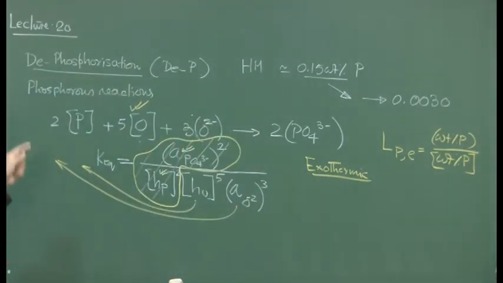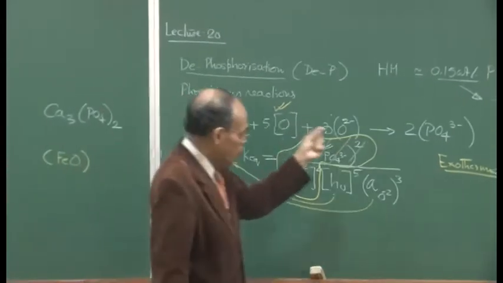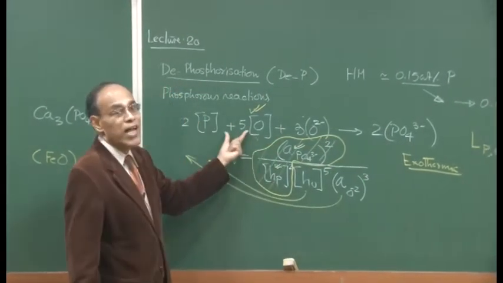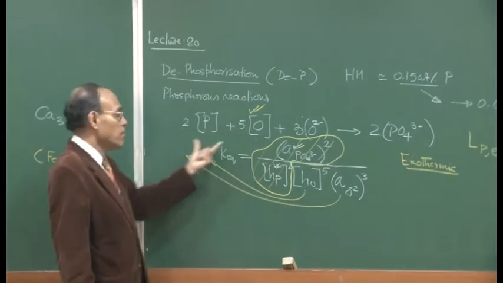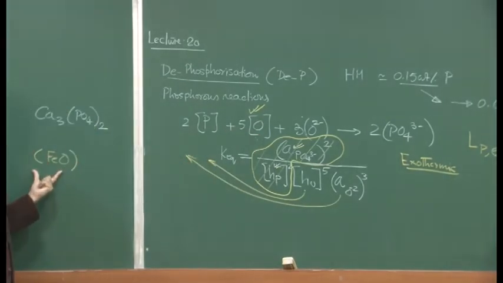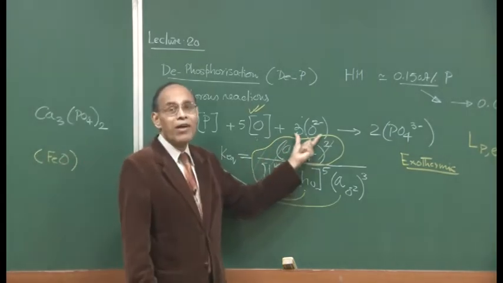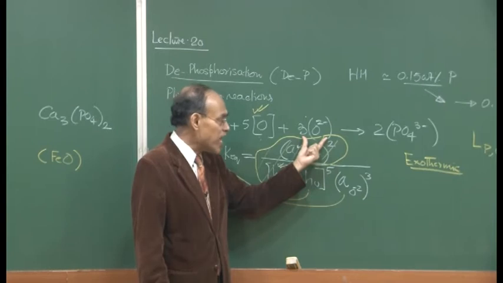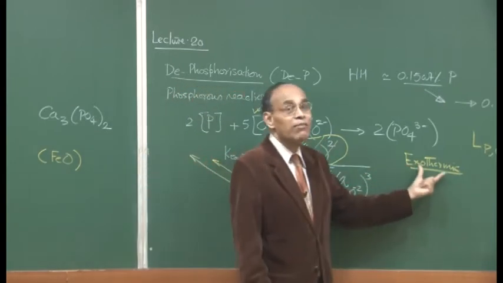So, what we find from this simple set of statements is that a higher phosphorus partition coefficient will result provided we have an oxidizing environment, which is representative of high FeO and high oxygen content, provided we have a high basic oxide content in the slag or high basicity of the slag, and then relatively lower temperature.